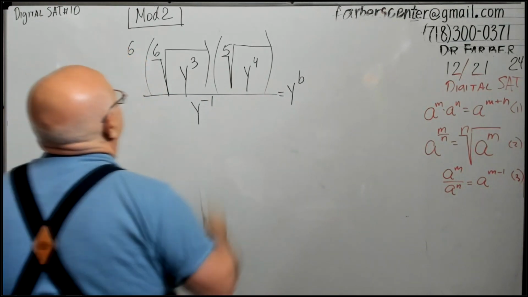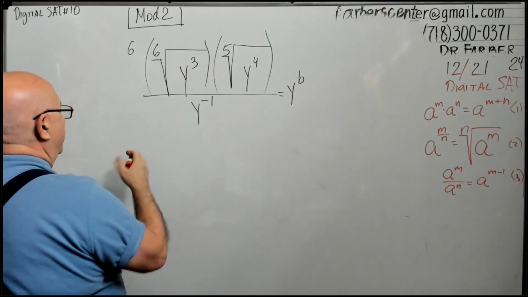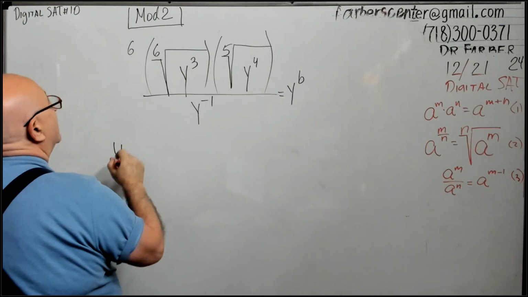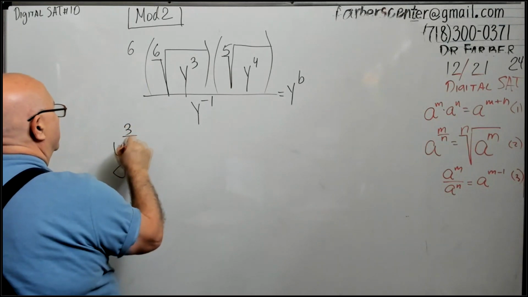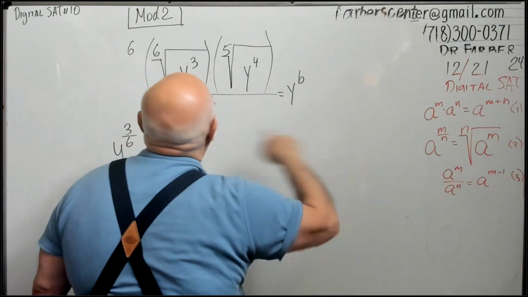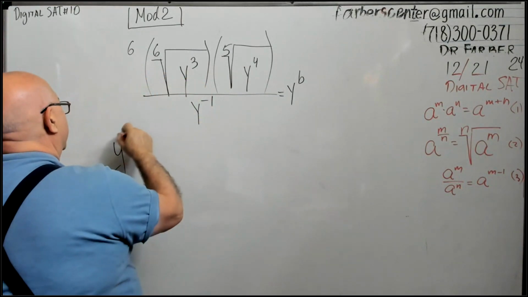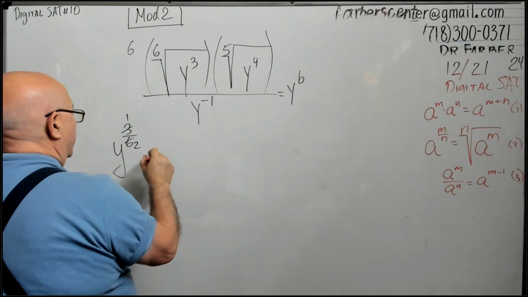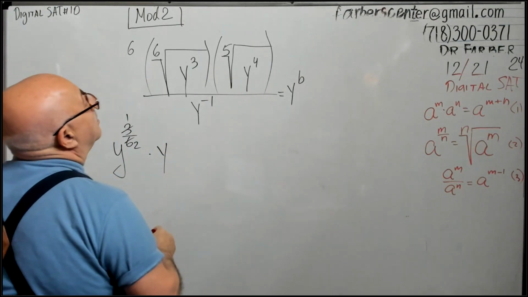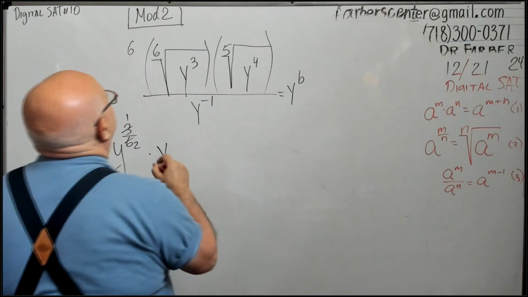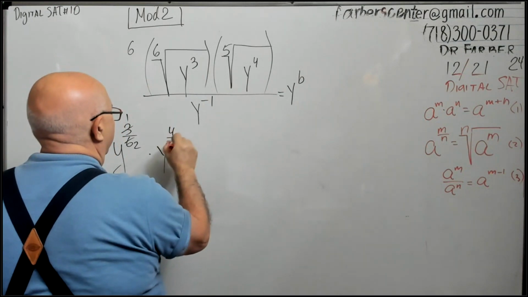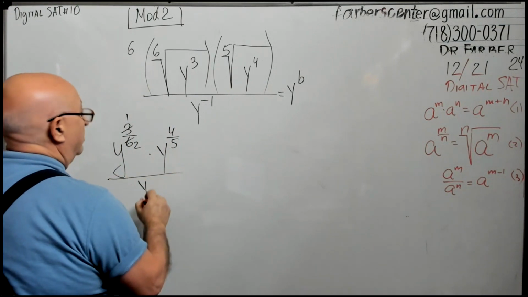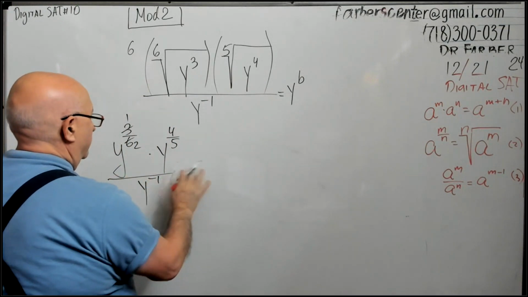So let me rewrite this. I use y to the power 3 over 6, based on formula 2. Instantly simplify, it's 1 over 2. Multiply by y to the power 4 over 5, and divide by y to the power -1.